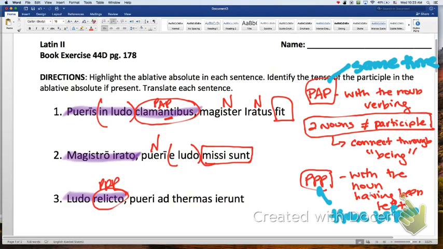So if you look at the directions in the book, if you wanted a fancier translation for number 3, you could say after the school had been left, because your main verb is perfect. But you'll always get it right with the school having been left, that first formula. So with the school having been left, the boys went to the baths.